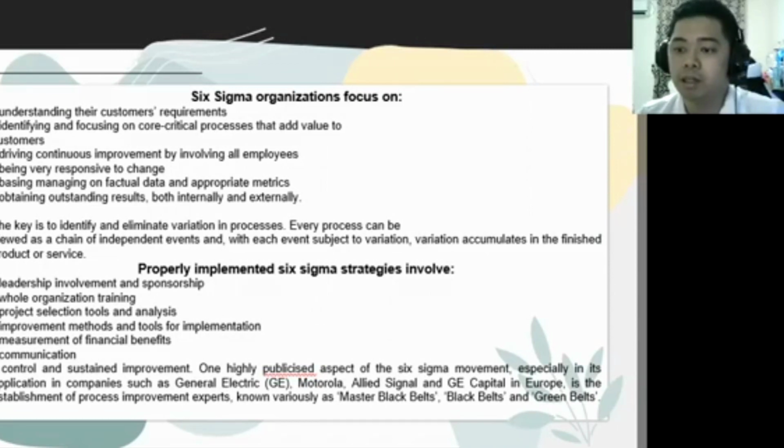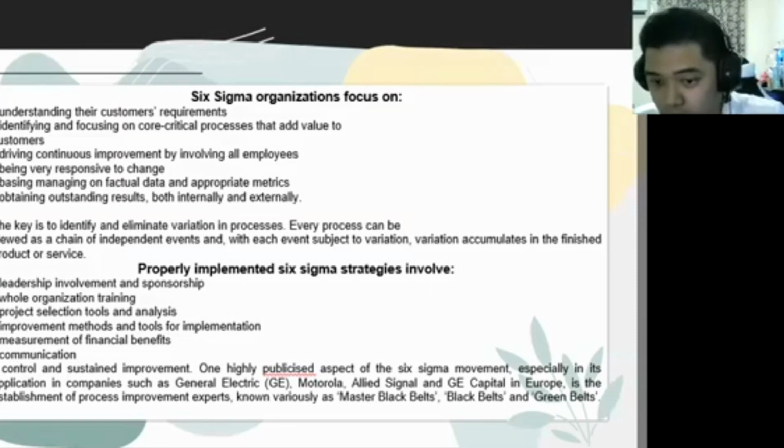One highly publicized aspect of the Six Sigma movement, especially in its application in companies such as General Electric, Motorola, Allied Signal, and GE Capital in Europe, is the establishment of process improvement experts known variously as master black belts, black belts, and green belts.